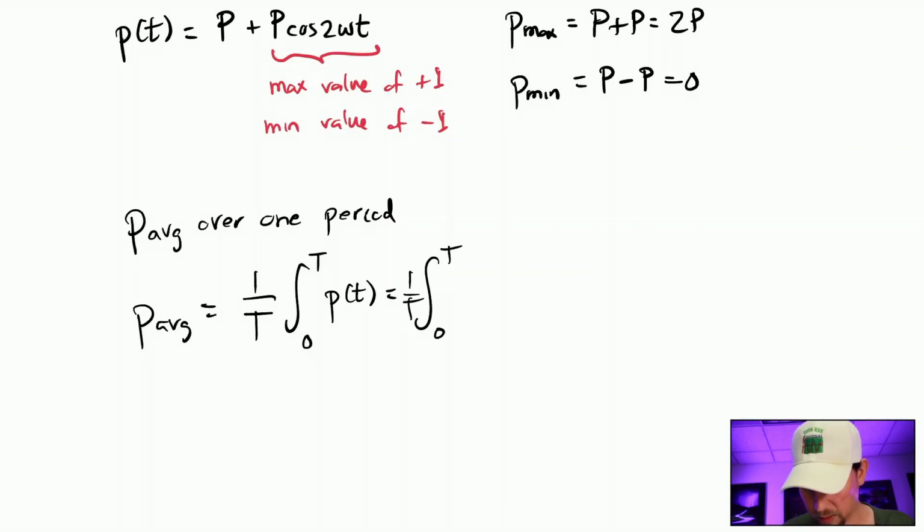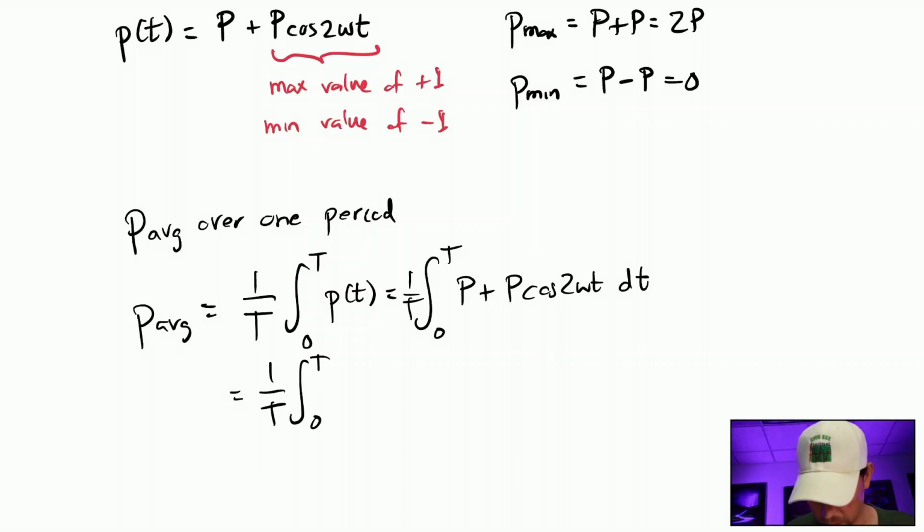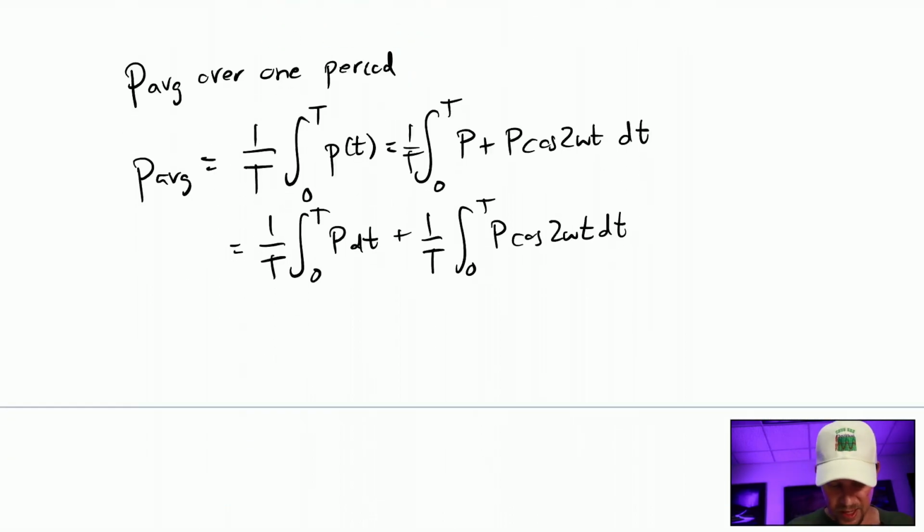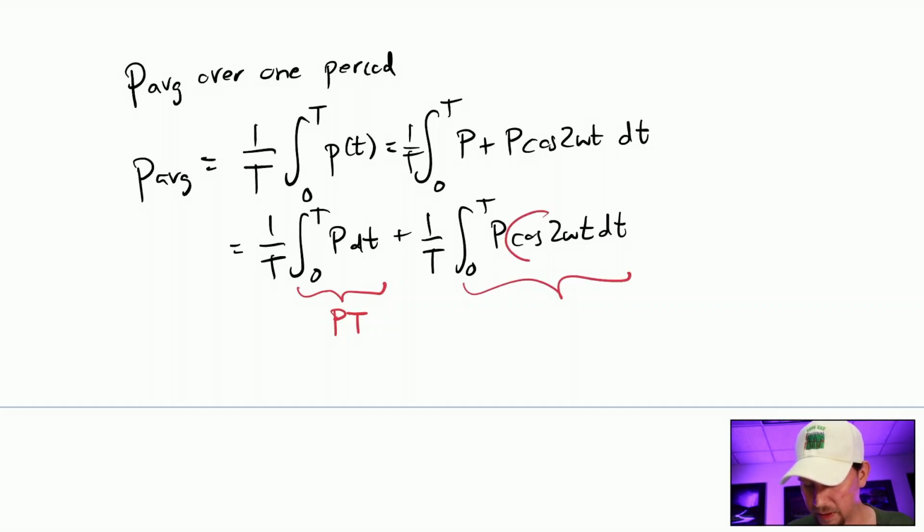Notice that this can be split, by the properties of integrals, into this one plus this one right here. It can be shown very easily that this integral is just P times T, while the integral over here, because of the cosine term and the fact that we're integrating over one period, will always disappear.